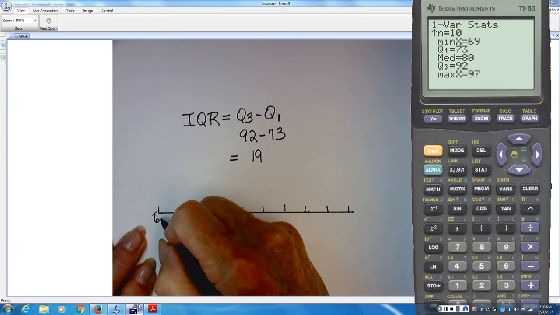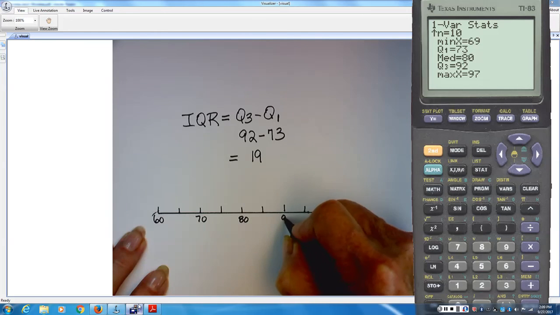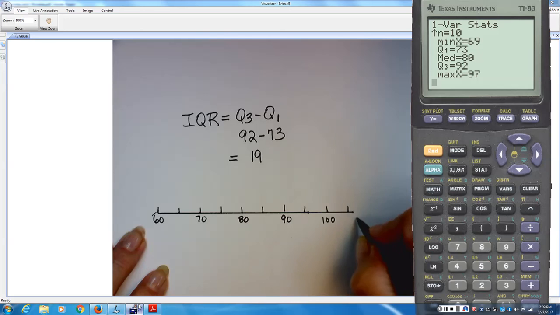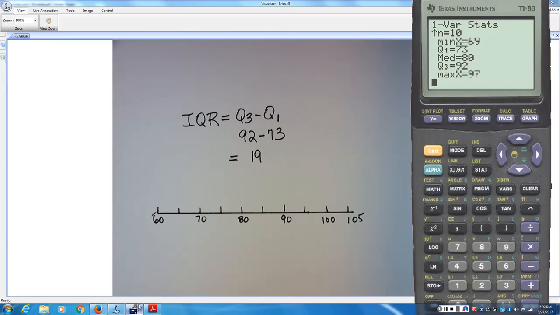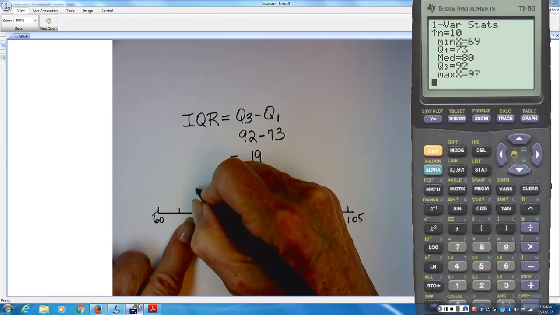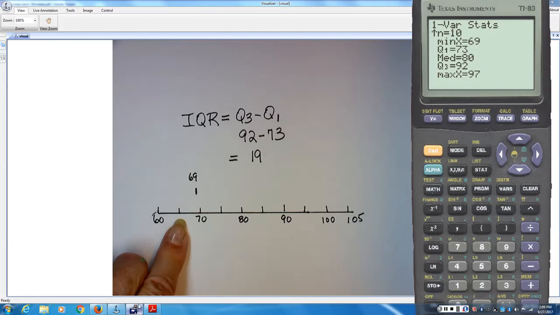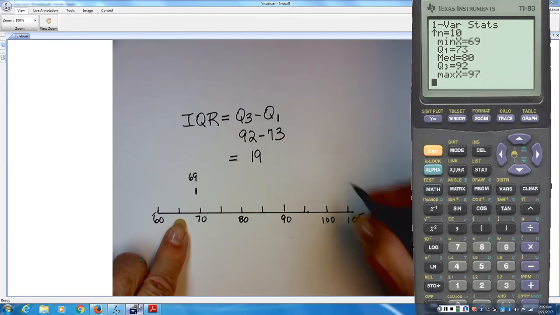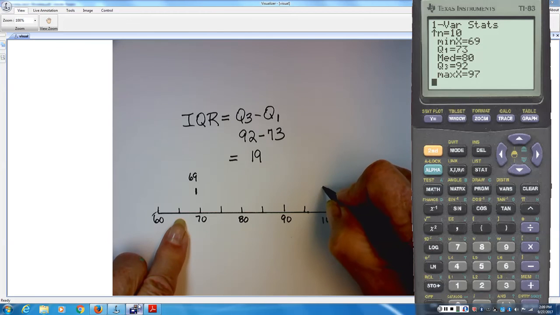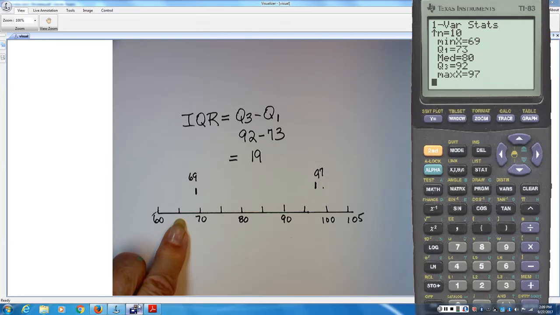So here's my number line. And 69 is my minimum value, so that would be about here. And 97 is my maximum value, that would be about right here. 80 is the median.